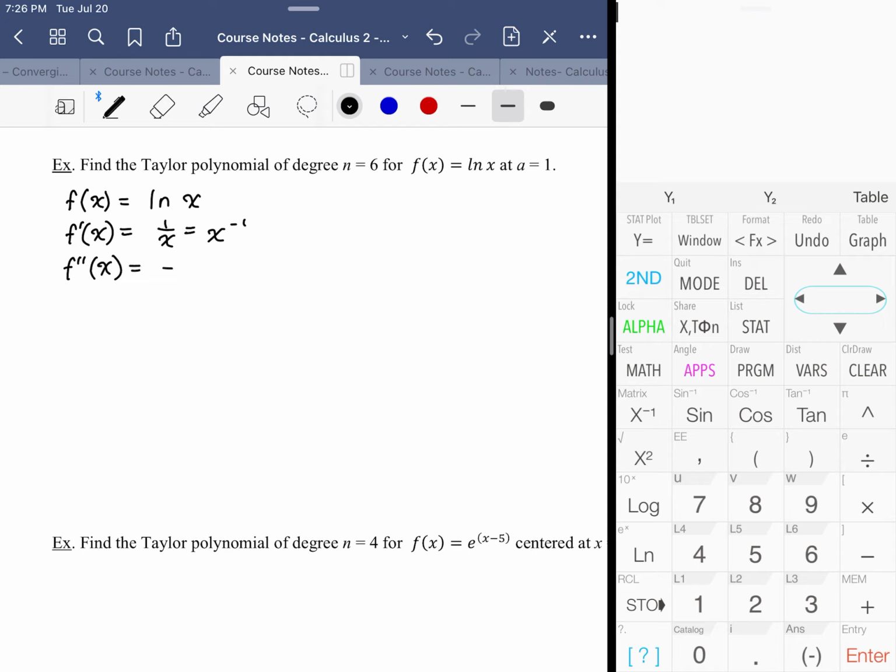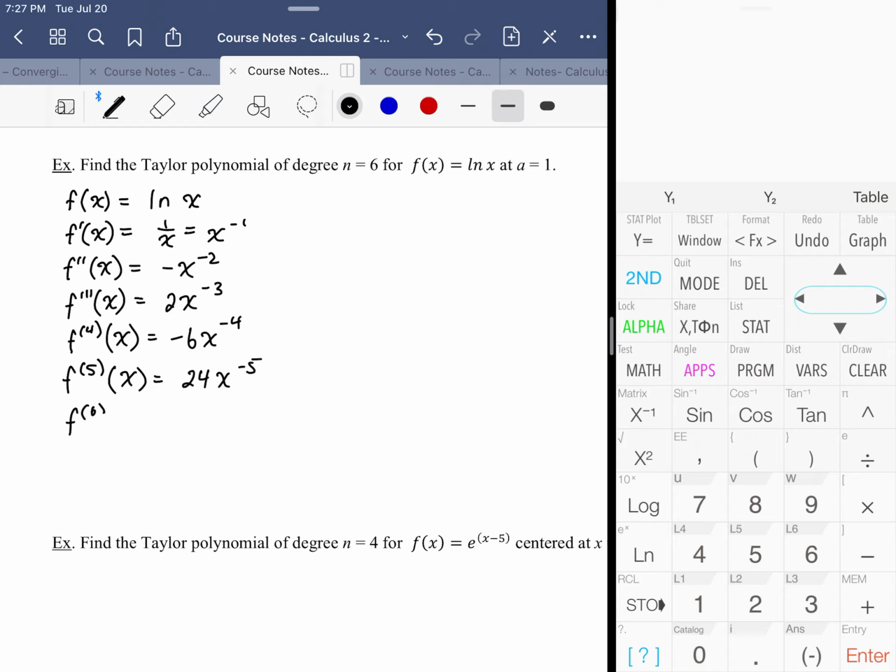F double prime, negative x to the negative second, the third derivative, 2x to the negative third, fourth derivative, negative 6x to the negative fourth, fifth derivative, 24x to the negative fifth, and sixth derivative, that's going to be negative 120 x to the negative sixth.